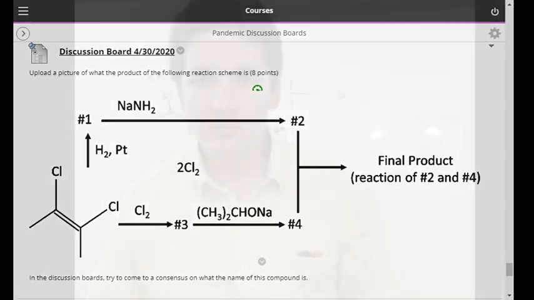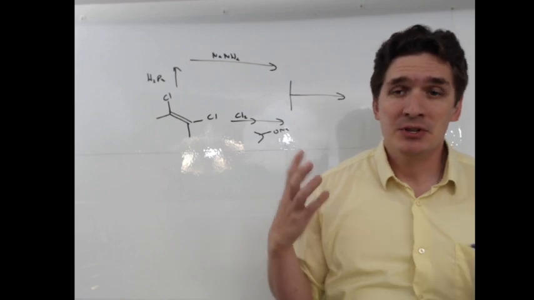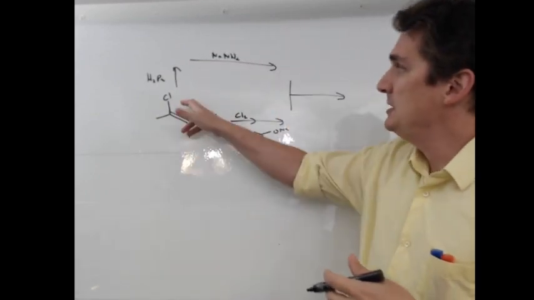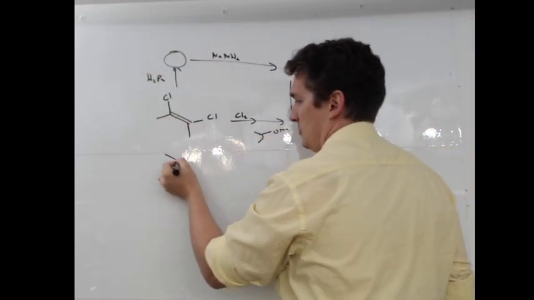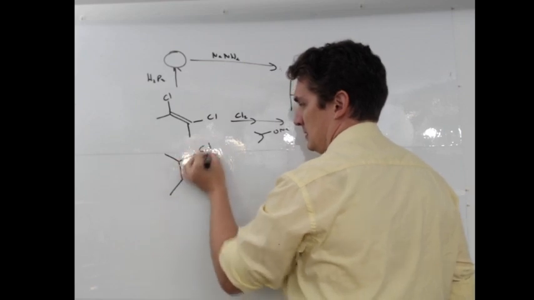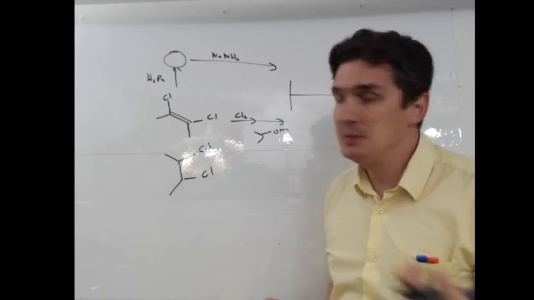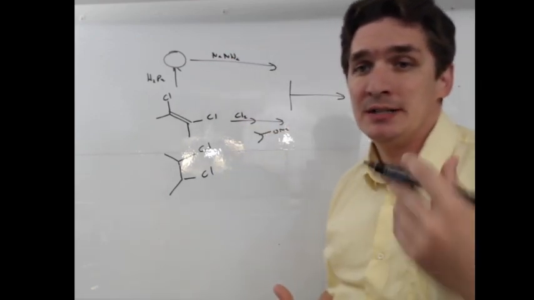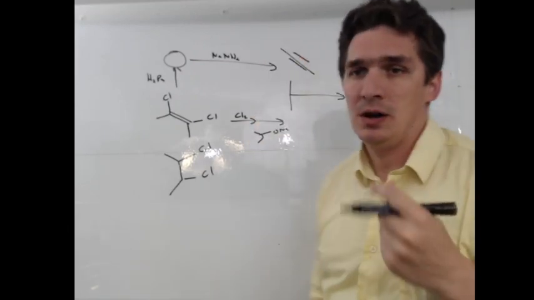So the thing here is that, and I can already tell what I'm doing up here, this is going to be a Diels Alder, but it's going to be a Diels Alder with an alkyne. So how did I get to that? Well, I've got H2 and Pt. So my H2 and Pt is going to form this product. Now, I do not care about the stereochemistry because of this next step. This sodium NH2 is going to do a double elimination, and so I'm going to end up with 2-butyne.